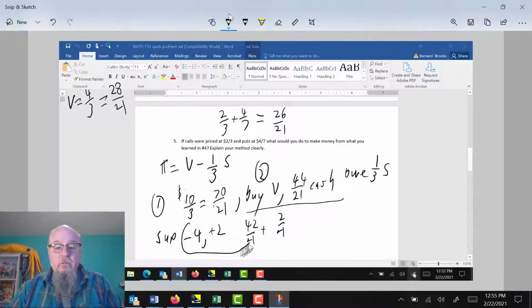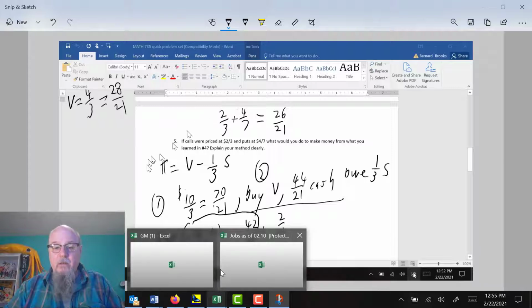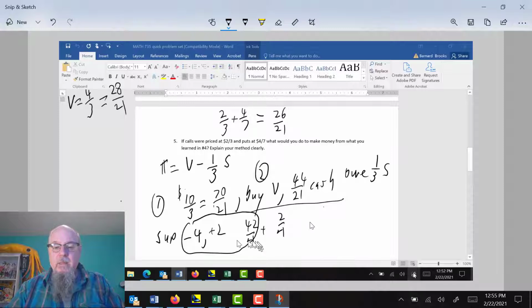So this settles out, meaning minus 4 plus 2 plus 42 over 21 equals 0, and I have two 21s left, the difference between the 28 21s and 26 21s. Profit, free.